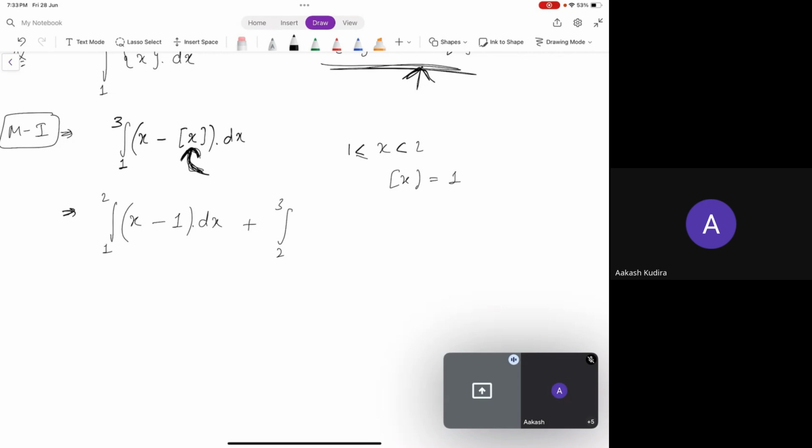Then tell me, if the value of x is from 2 to 3, then the value of [x] is how much? Anybody? Do you know this thing?